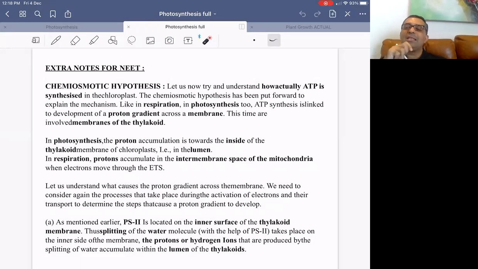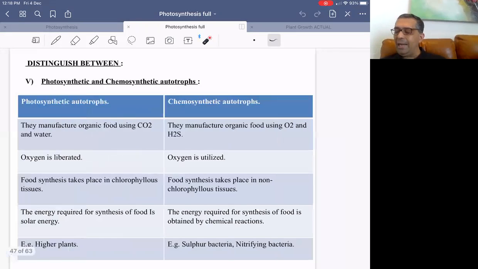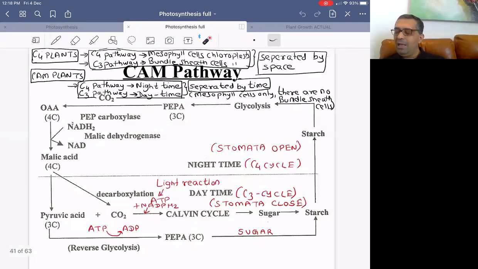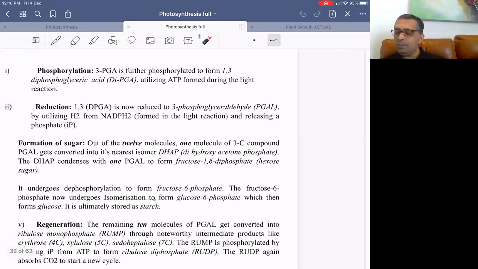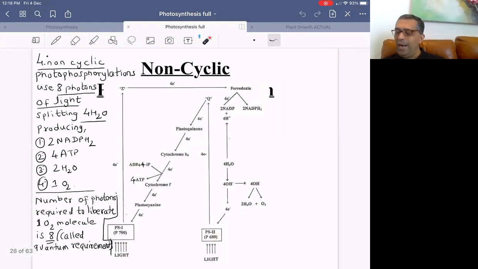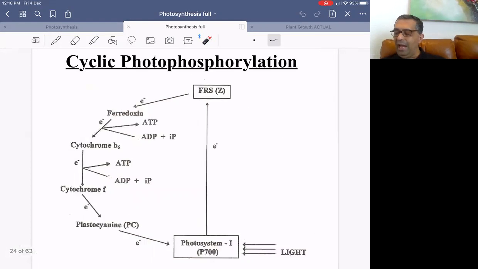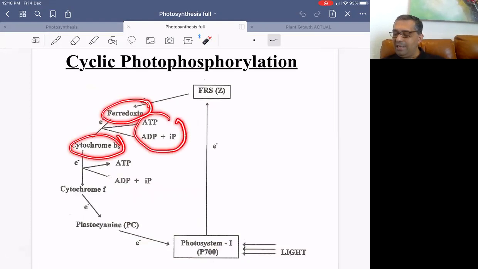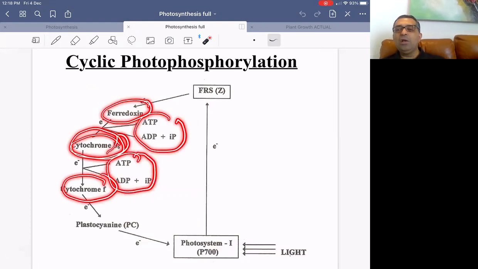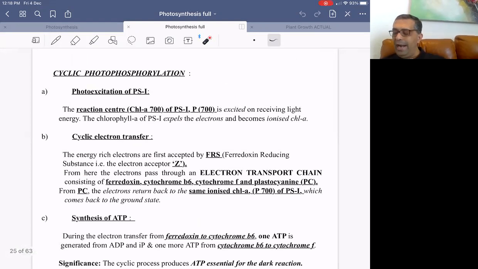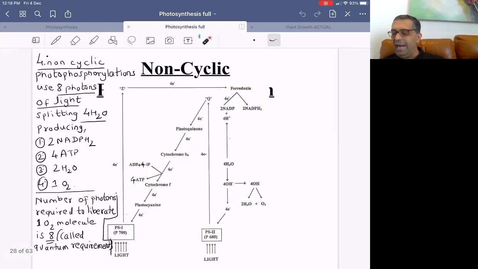If you remember, in cyclic, the two ATPs were made between ferredoxin and cytochrome B6 and cytochrome B6 and cytochrome F. And in non-cyclic, one ATP was made between cytochrome B6 and cytochrome F. यहाँ ATP बनता है.